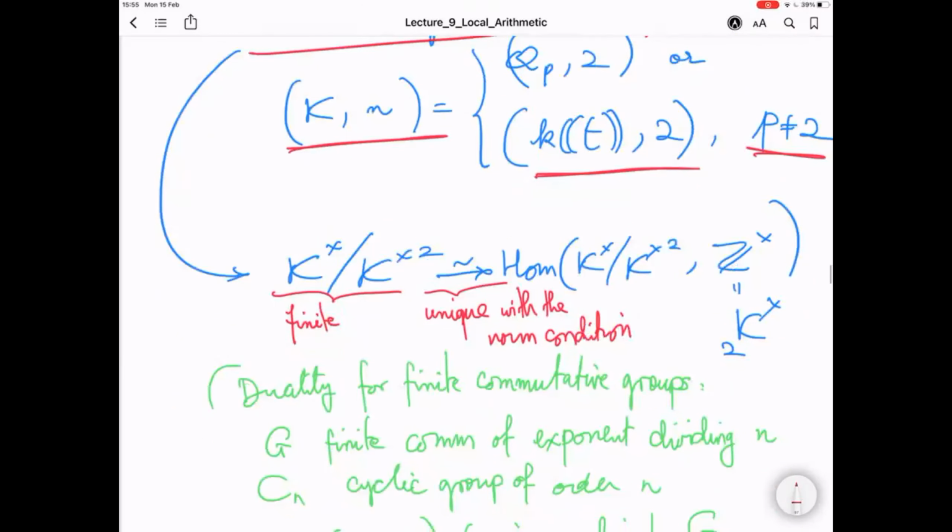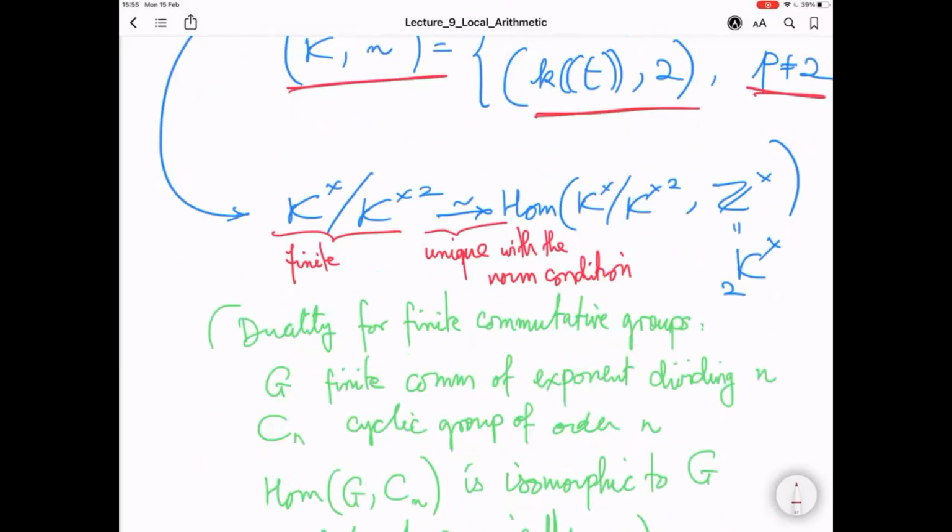I'm now restating in different words what we had proved in earlier lectures. This Hilbert symbol established a bijection between K star modulo squares and this group. This group, why is it of interest to us?